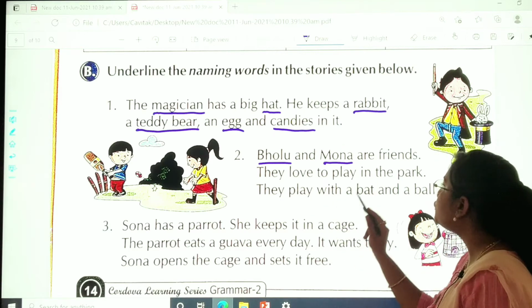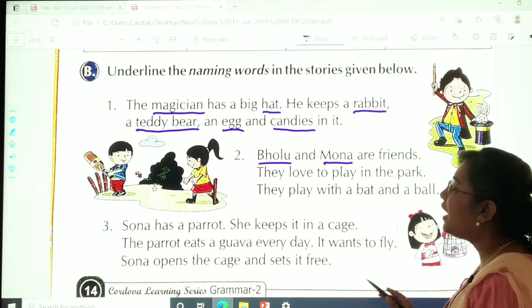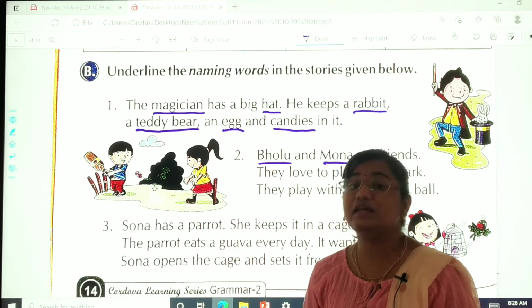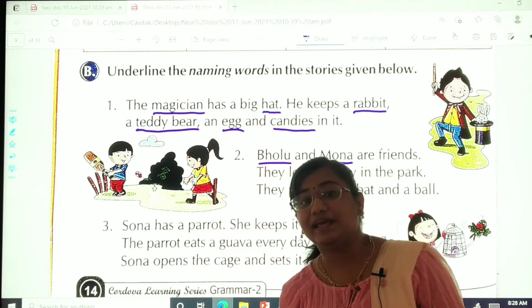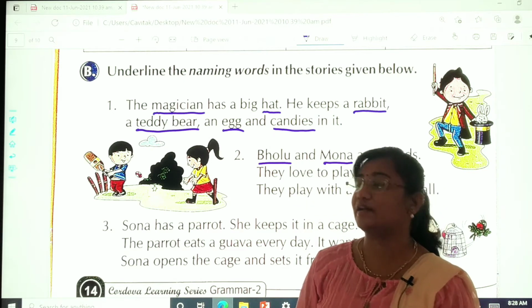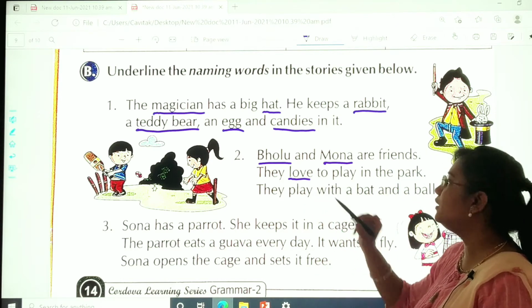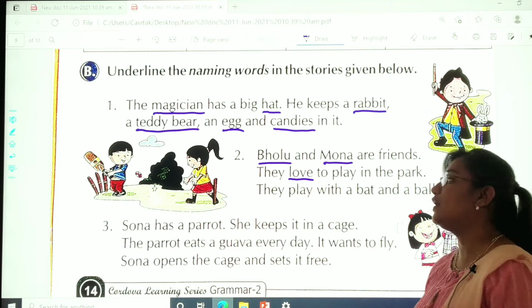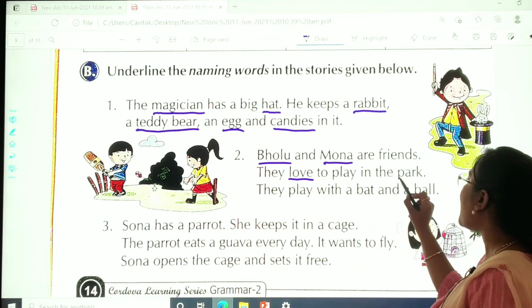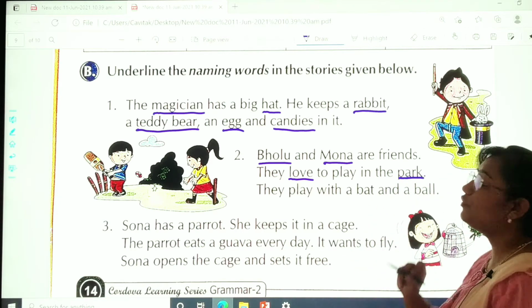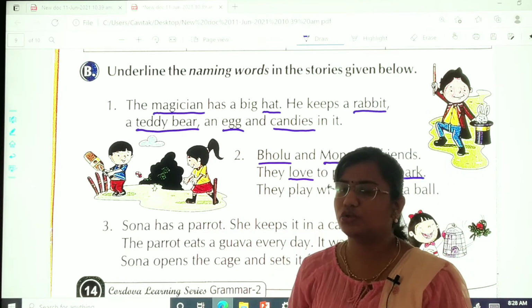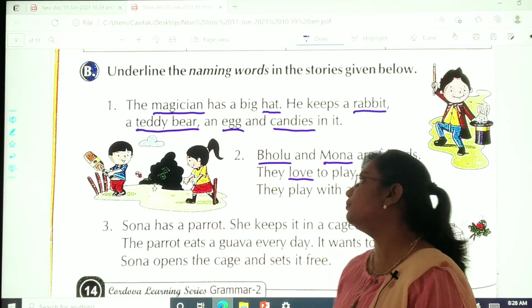They love to play in the park. Over here, love is a noun. Okay? And park is a name of a place. So, it is also a naming word.